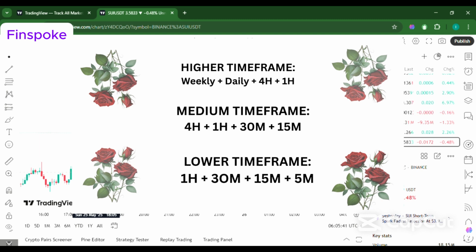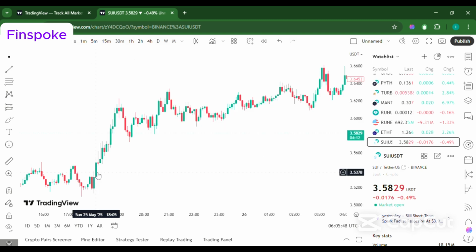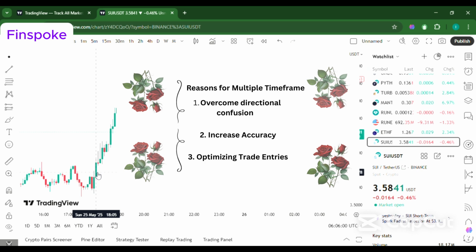Before you start asking me why must I combine multiple time frames in my analysis, I am going to give you 3 reasons why you should do that. Number 1, you should do this to overcome what I call directional confusion.